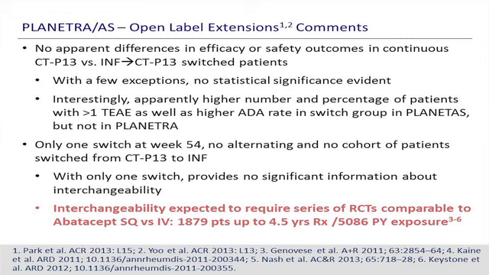And what that means is that they're implying they're going to expect a series of randomized controlled trials like they required for abatacept going from IV to sub-Q, tocilizumab going from IV to sub-Q, which is like about 2,000 patients and up to 4.5 years of treatment, repetitive switches back and forth, and discontinuation, and then restarts. And so I do not think at any time soon we will have interchangeability because that's already now the cost of a new development program, and it may be better to just develop a better biologic.